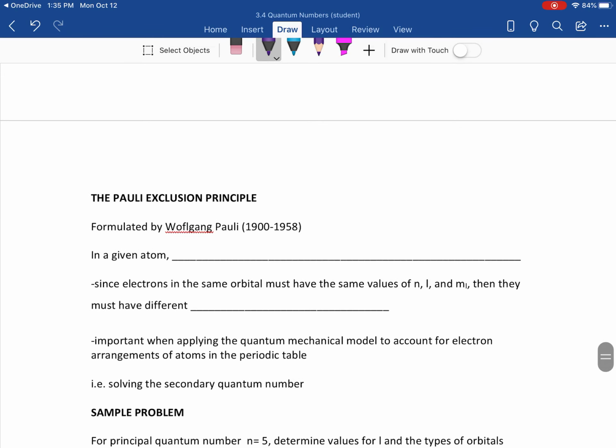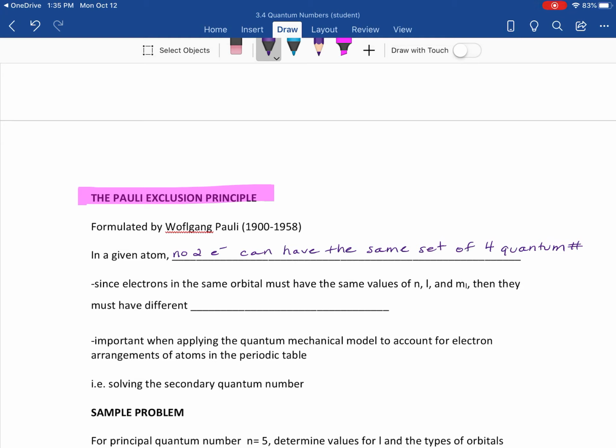Now we have a very important principle here, the Pauli exclusion principle. He proposed that in a given atom, no two electrons can have the same set of 4 quantum numbers. So all 4 quantum numbers can identify every individual electron in an atom.